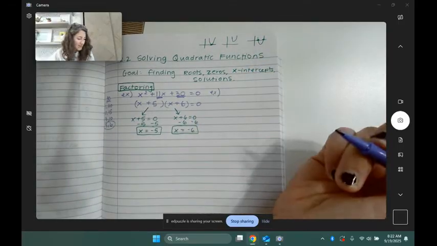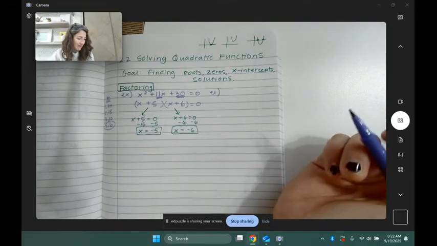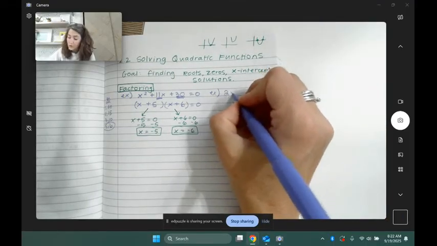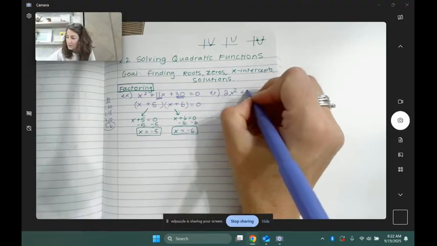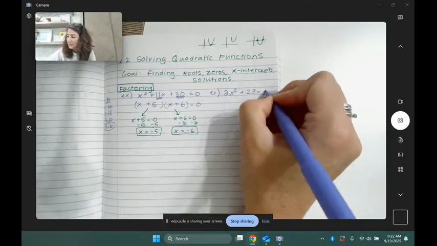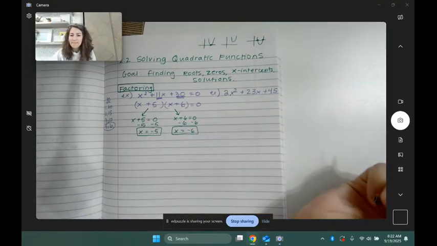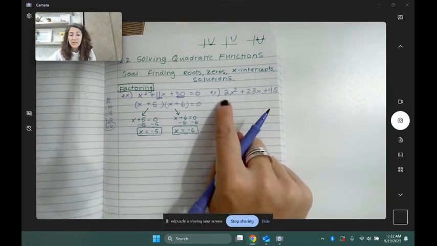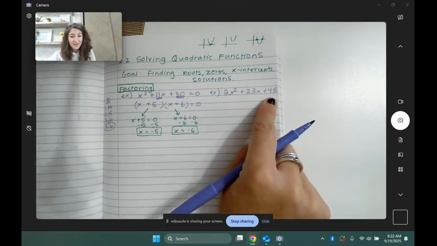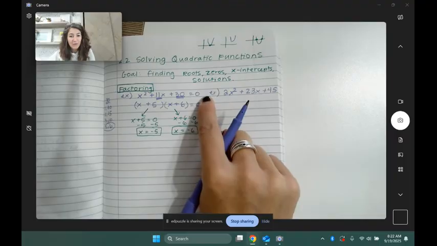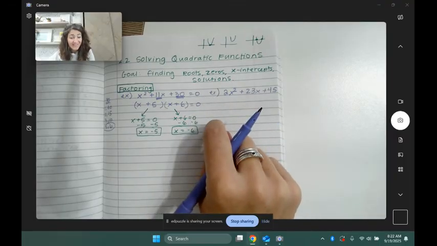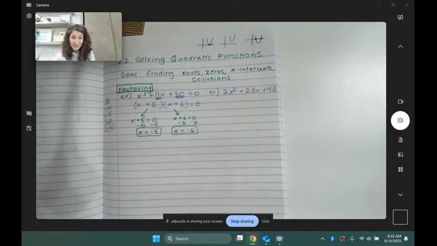Here's a little spicier example. Let's say I have 2x squared plus 23x plus 45. A good thing to check here is if these are all divisible by 2, I could factor out that 2, factor out that a first, and then factor it like normal.